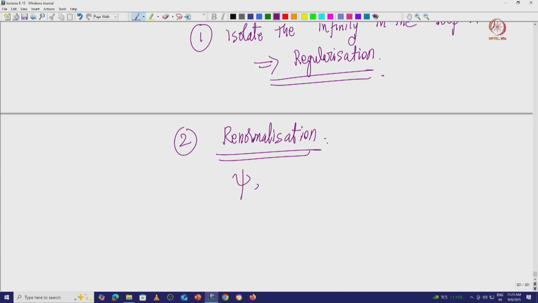The wave functions you are using are not physical, because they are wave functions without the interactions. So the physical wave function is equal to psi plus the infinite term.